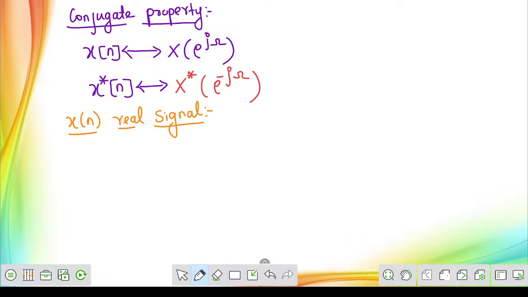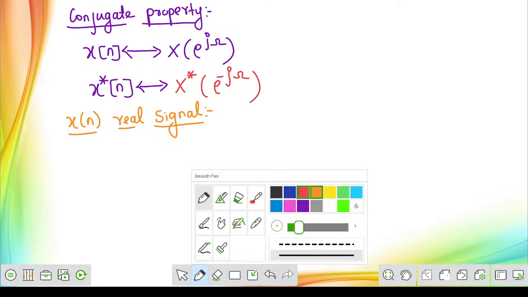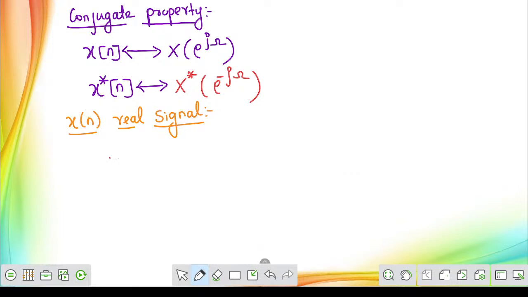In the frequency domain, if the signal is a real signal, then the property can be written as X of e power j omega equal to X conjugate of e power minus j omega. There will be no changes.